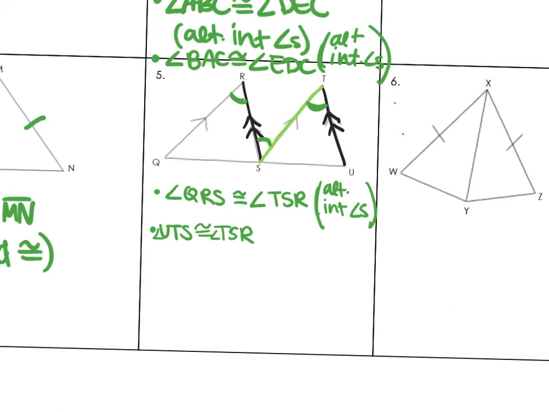So that is TSR. Remember, it's really important that you use the 3 letters on that one because there's really like 3 angles all by S. There's this one and this one and this one. So make sure that you're clarifying by using the 3 letters which one you're talking about.